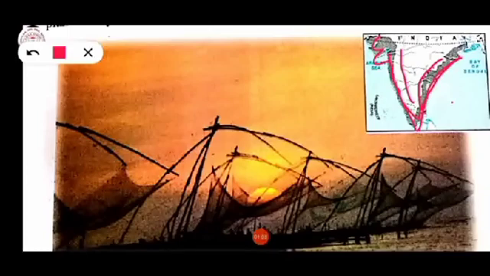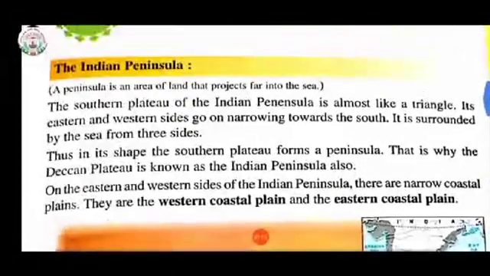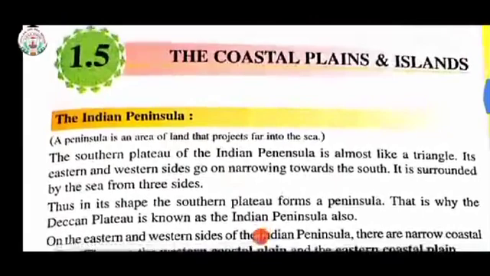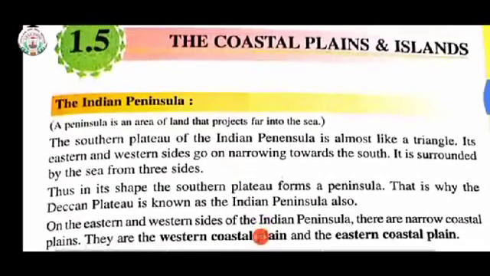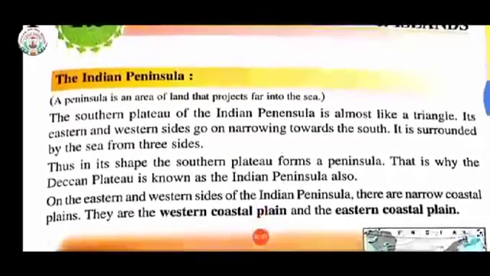Now let's start our lesson with the Indian peninsula. A peninsula is an area of land that projects far into the sea. The southern plateau of the Indian peninsula is almost like a triangle. Its eastern and western sides go on narrowing towards the south.